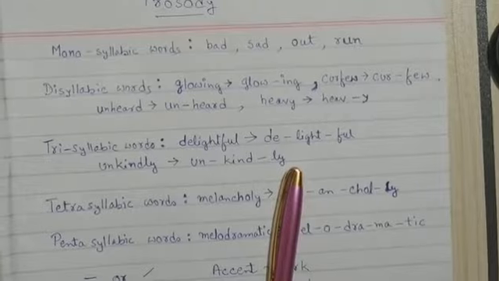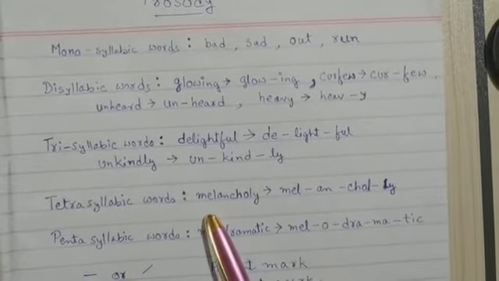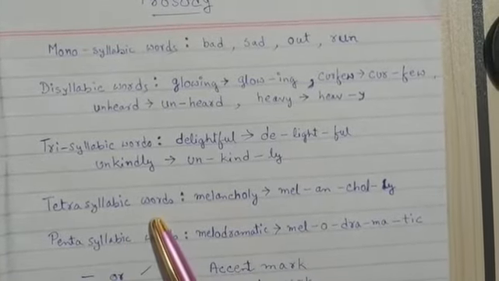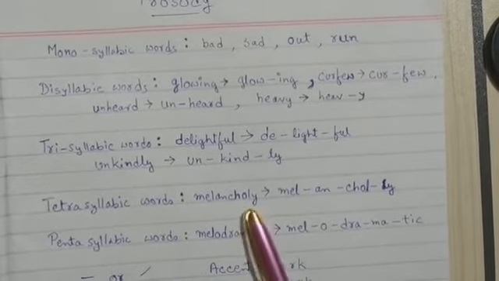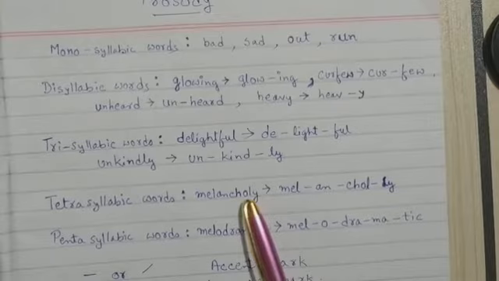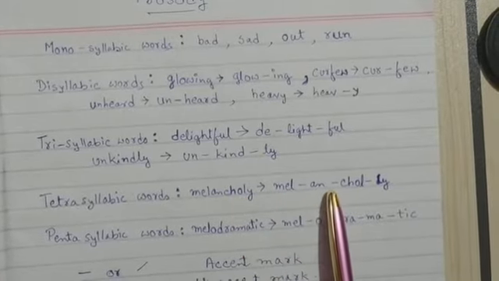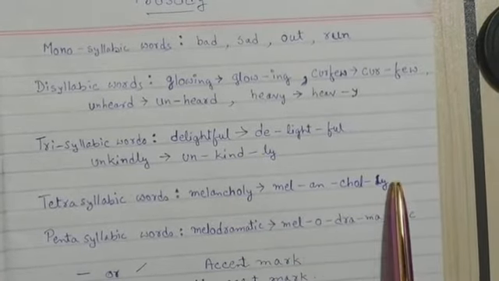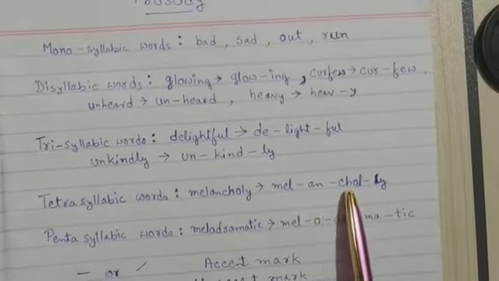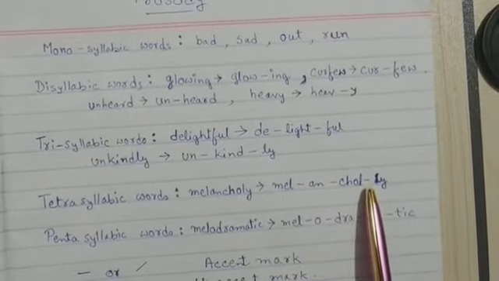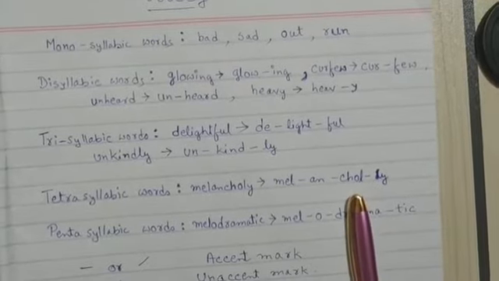Clear? Similarly, we have tetrasyllabic words. One example of that is melancholy. Mel-an-chol-y. Clear?